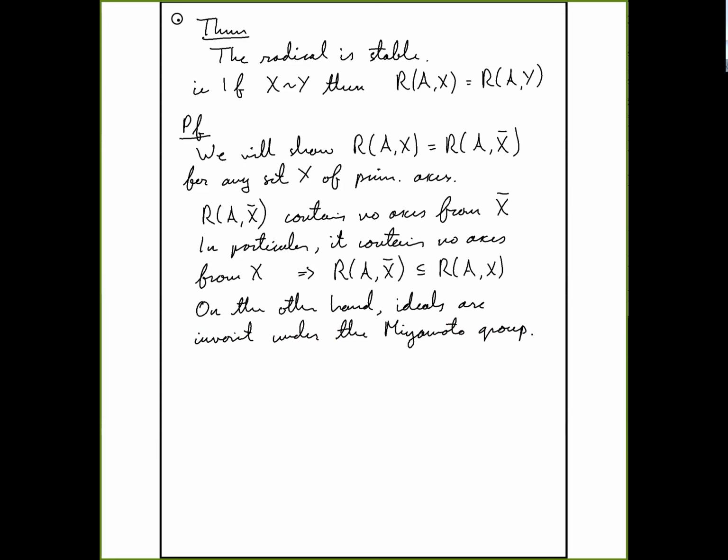So if an ideal is invariant under the Miyamoto group, then R_A(X), by definition, contains no axes from X. But it's invariant under the Miyamoto group, so I can act on X by the Miyamoto group.